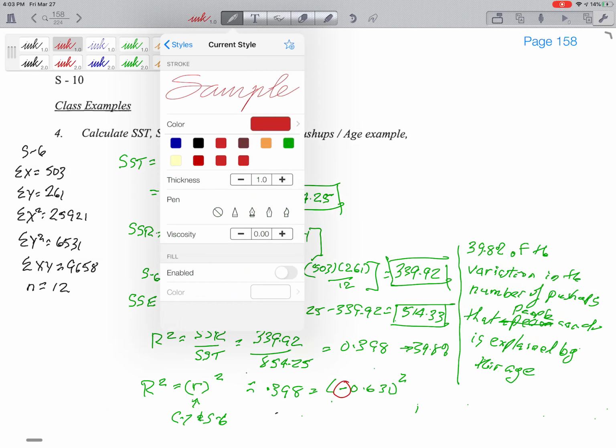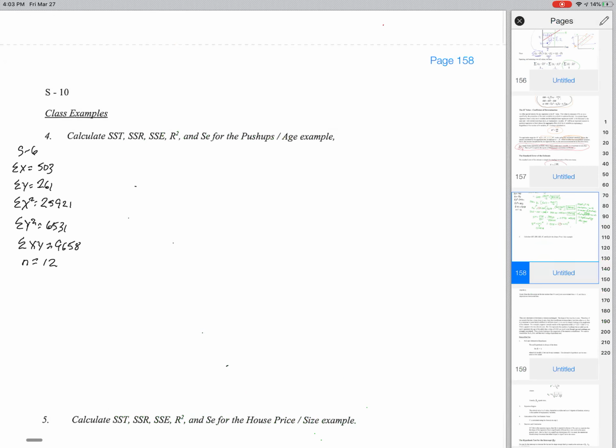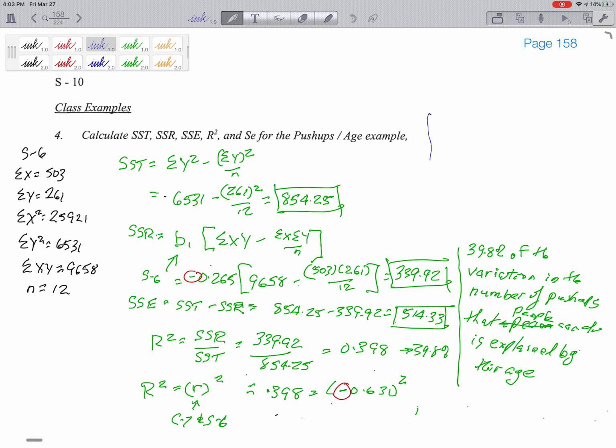All right, one more thing to do in this problem here, and that's calculate the SE value. So up here, let's do that. The SE is equal to the square root of SSE over n minus p minus 1.